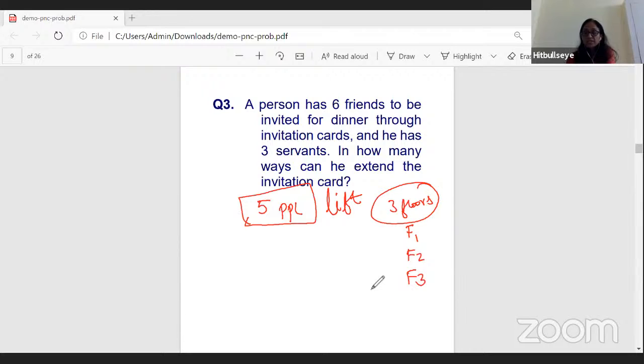In how many ways can these people get down at these floors? Tell me. How many ways is it possible? Remember what I said. The ones that can be repeated will be in the base. The ones that will happen only once will be in the power. Apply that logic.